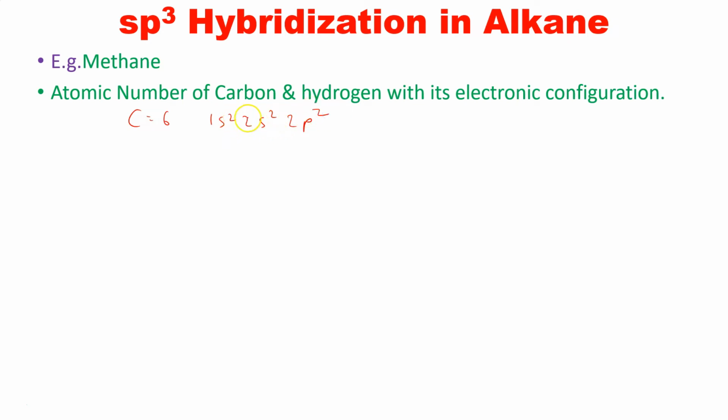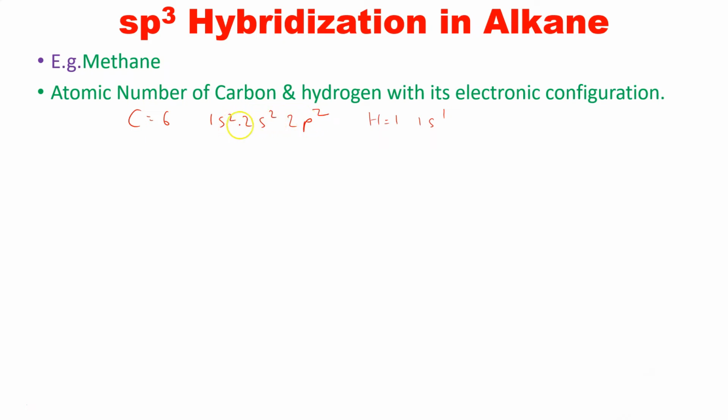So totally it becomes 6. And the electronic configuration of hydrogen is 1s1, because the atomic number is only 1, so only one electron is filled in the shell.